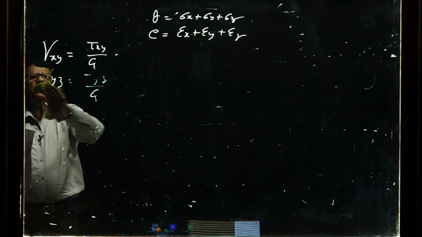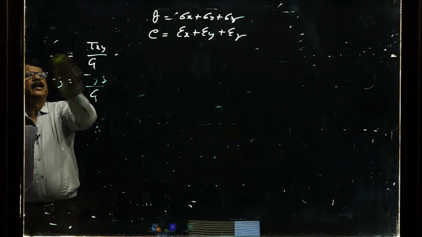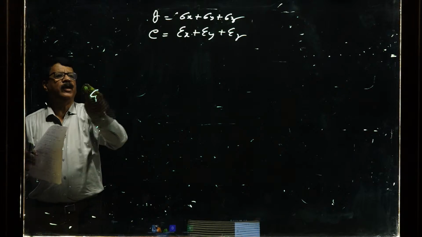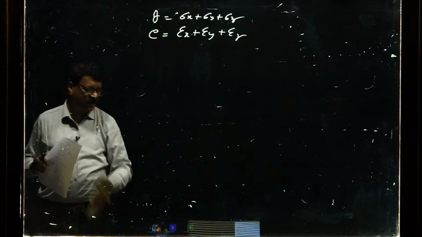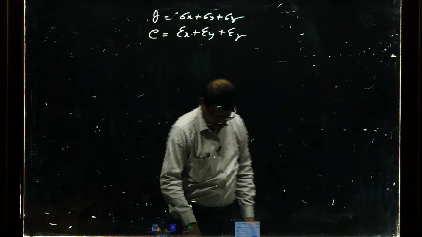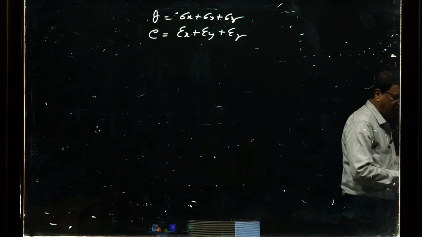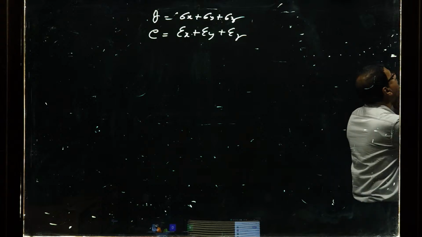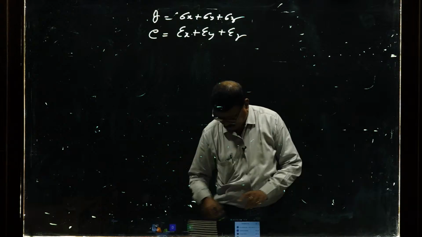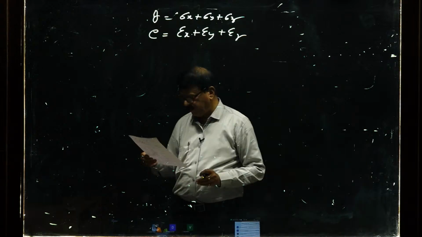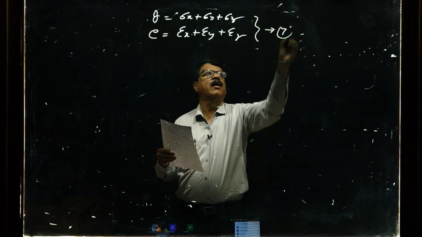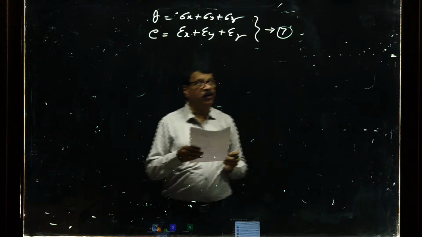Total strain and total stress. These are called equation 7. And we are going to prove equation 8.